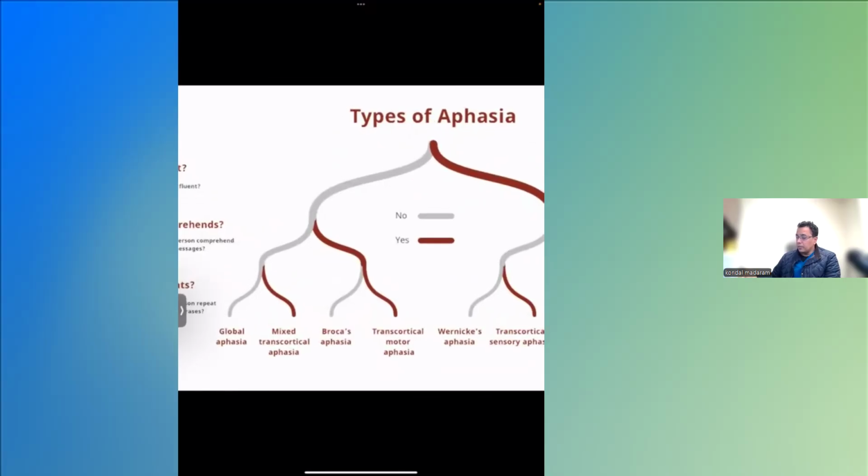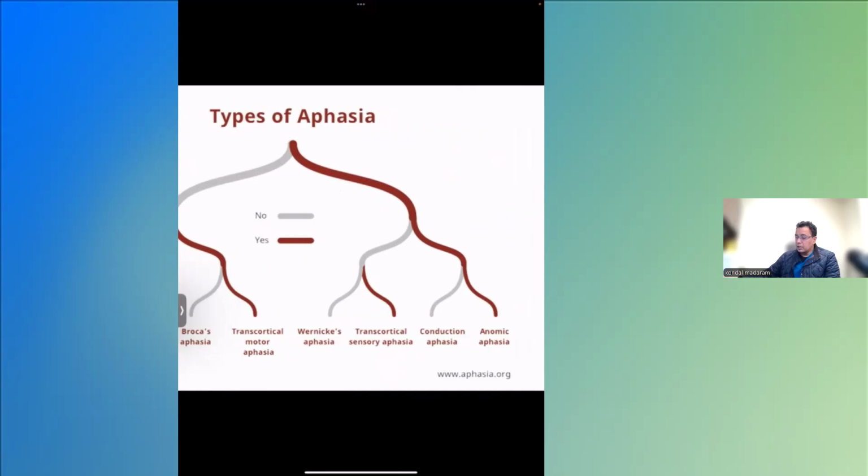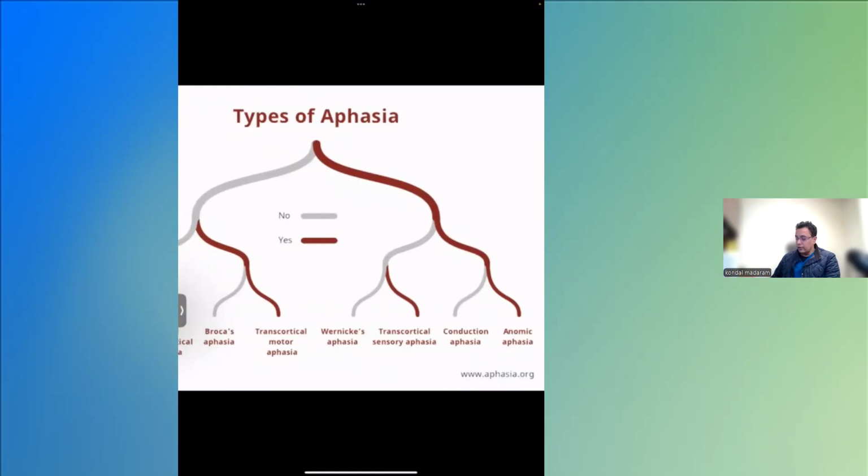So let's come to the aphasias where the patient is able to fluently speak. If the patient is able to fluently speak, comprehend, and repeat, then it's anomic aphasia. A patient who is able to speak fluently, but is not able to comprehend, but is able to repeat, has transcortical sensory aphasia.